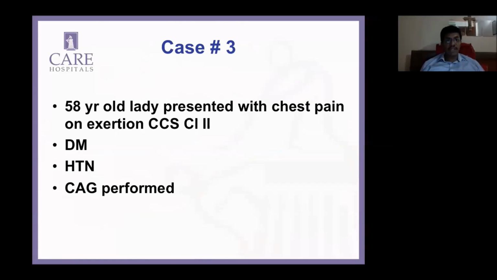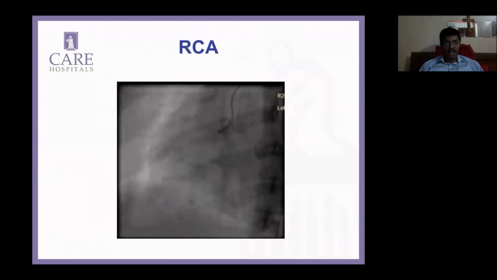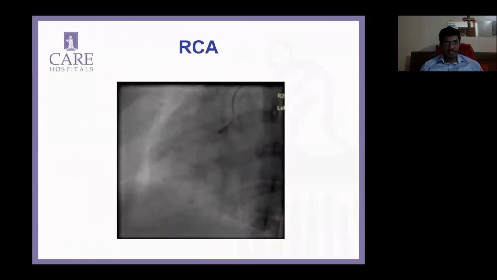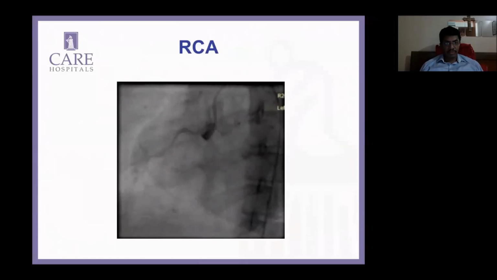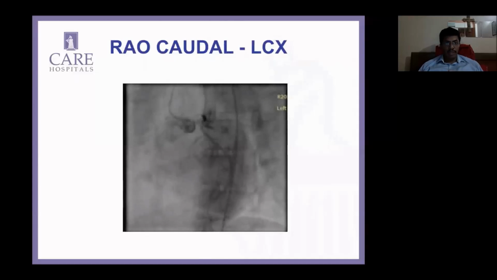So, a 58-year-old lady presented with chest pain on exertion, CCS class 2, diabetic and hypertensive, and in view of the age and risk factors, angiogram is performed. This is the angio, a right coronary injection. It's fairly normal.